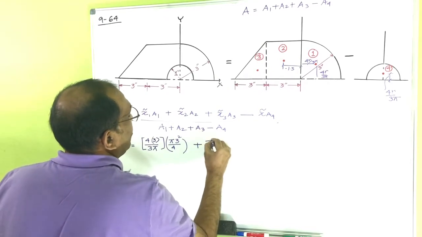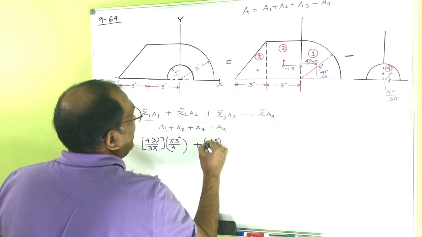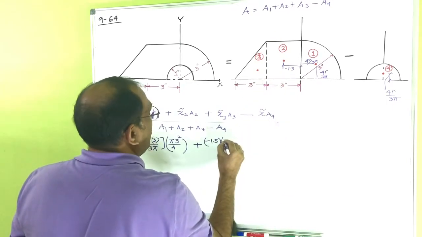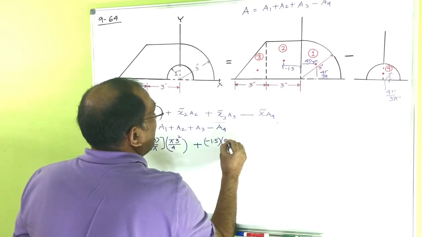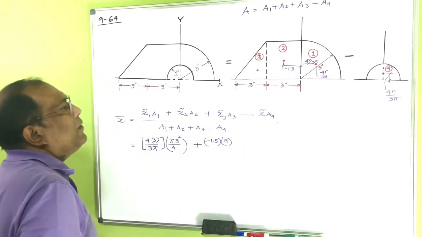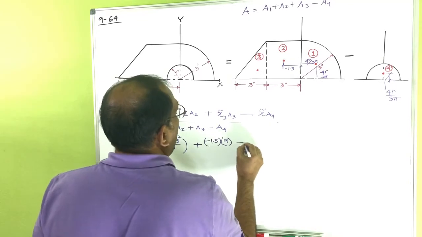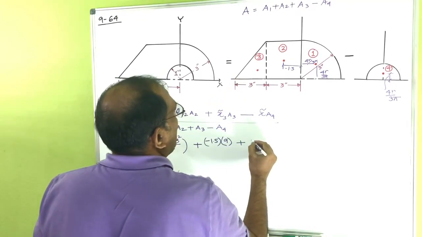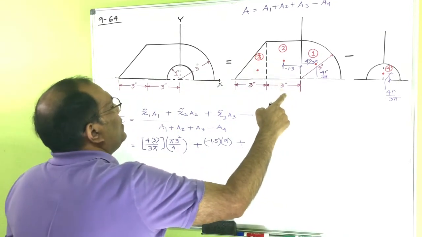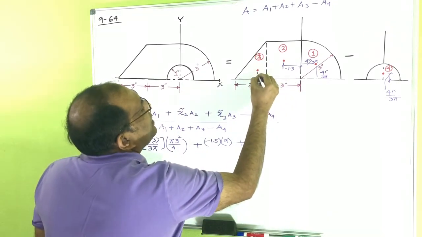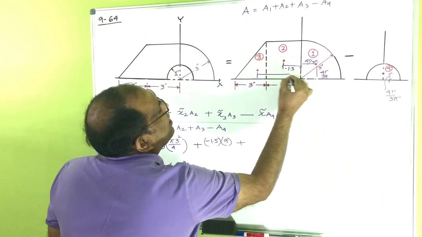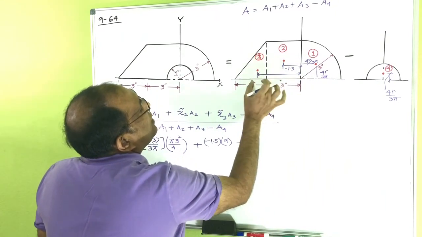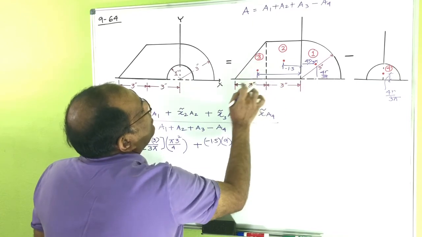So negative 1.5 multiplied by the area of this one, which is actually 3 into 3, plus for the third one, you can see the distance from here to here is 3 plus 1, because total is 3.